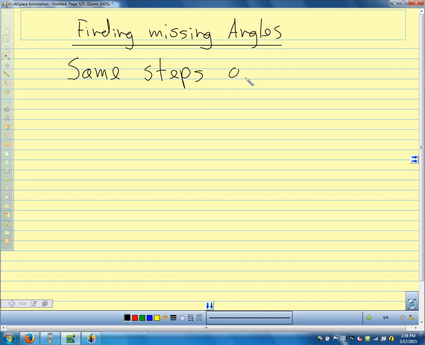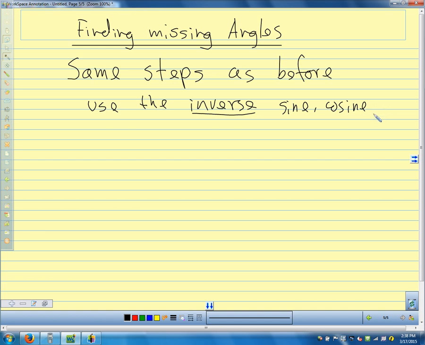We use the same steps as before. But at the end, we're going to use the inverse sine, cosine, or tangent button on our calculator. The inverse sine, cosine, tangent gives us an angle.